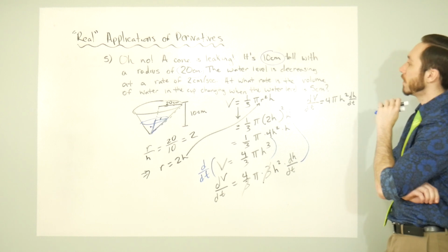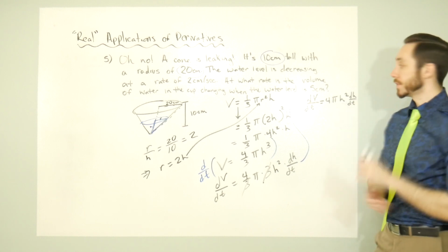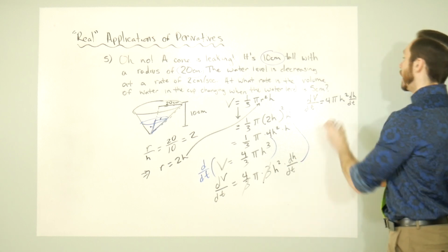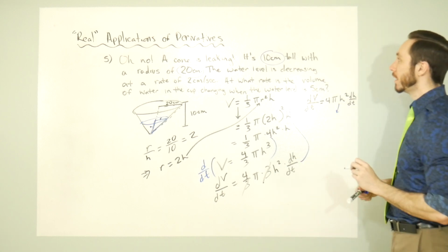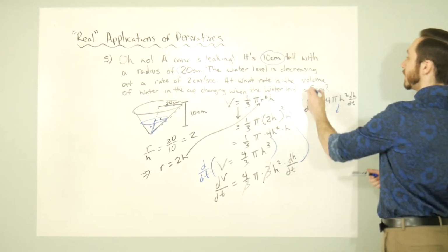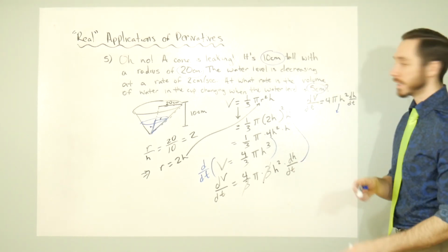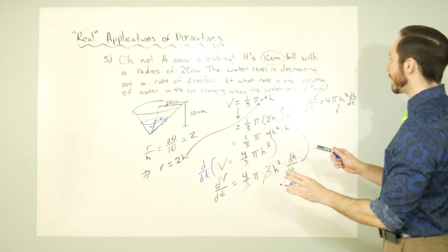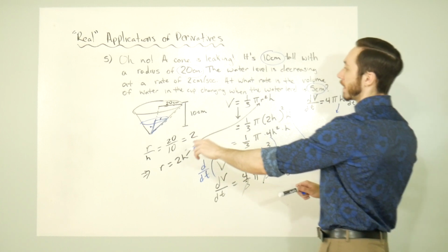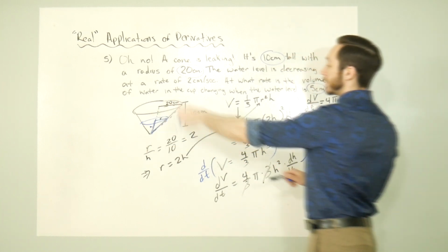It's asking at what rate is the volume of the water changing, so dV/dt is left as an unknown. For h, we're looking for when the height is specifically 5. We didn't touch this value at all, now we touch it, because we're looking at that moment where we have a water level of specifically 5.